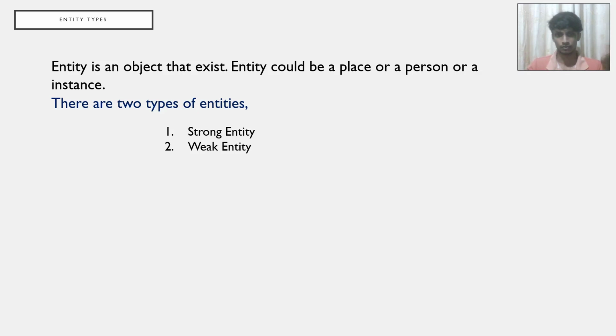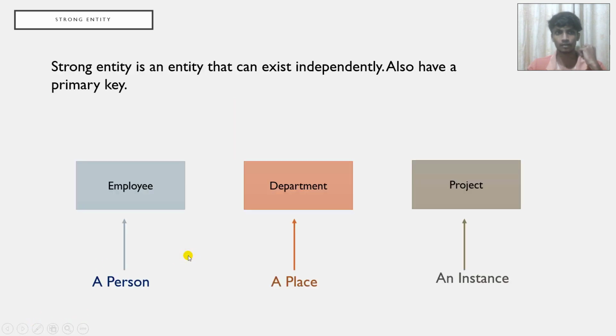Those are very general components that we find in ER diagrams. There are two types: the first one is the strong entity and the second one is the weak entity. So first let's analyze the strong entity.